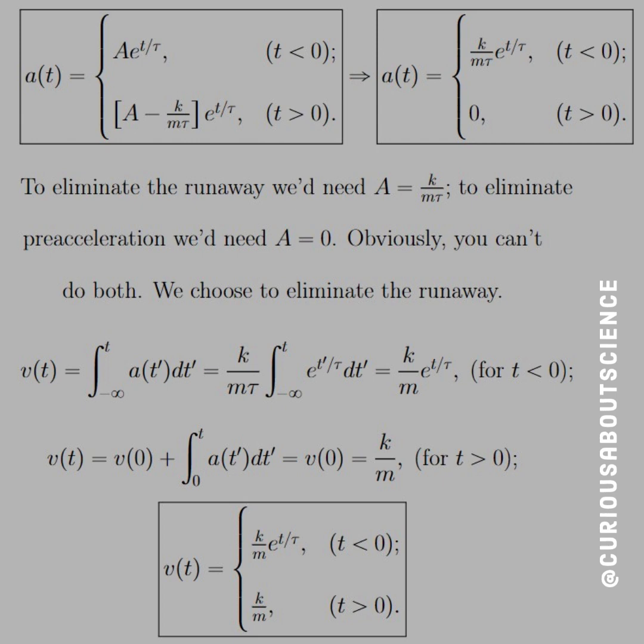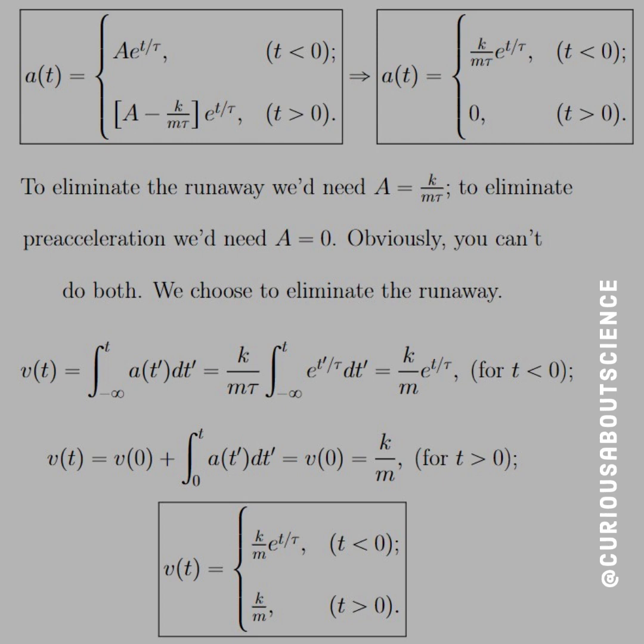So if we want to eliminate the runaway region, we have to have A equal k over m tau to get rid of that second part, for t greater than 0. Again, that's the same method that we used last time. So our final set of equations for acceleration is k over m tau e to the t divided by tau for t less than 0. So we just have a pre-acceleration region.